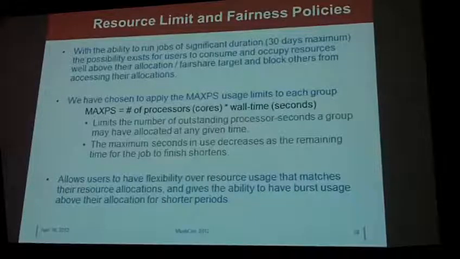As the job executions go forward, that amount of time shrinks and it leaves a buffer of space for them to fit their new workloads in. So it gives them a lot of flexibility over how they want to make use of their resource. If they want to run a single long job, that's fine, but they can also get more flexibility if they run shorter jobs, allowing them to burst over and above their allocation.